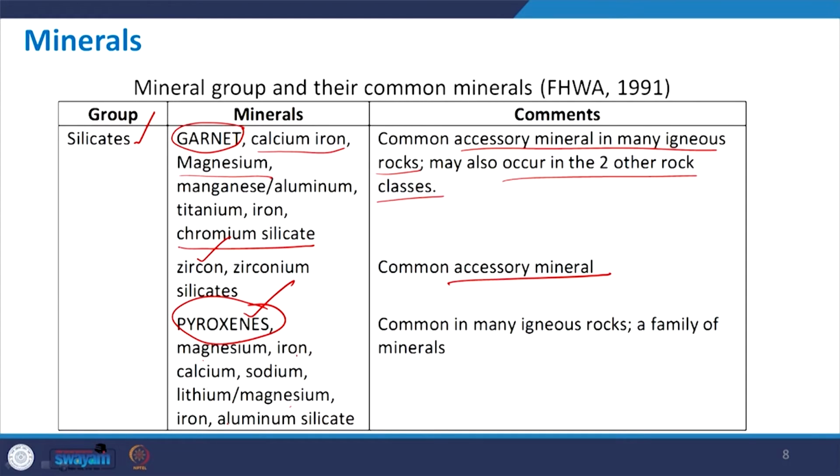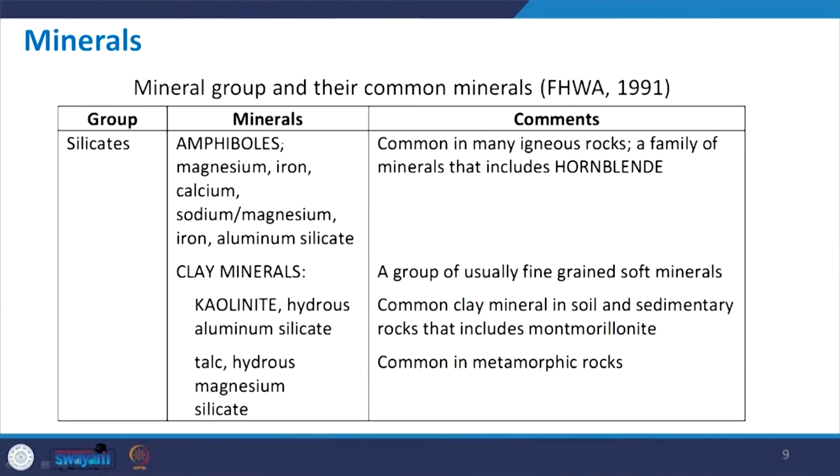I have listed all of these for your ready reference. This one is pretty common in many igneous rocks, and these are a family of minerals. Then the next one is amphiboles, a most commonly occurring mineral, common in many igneous rocks. This is a family of minerals that includes hornblende.